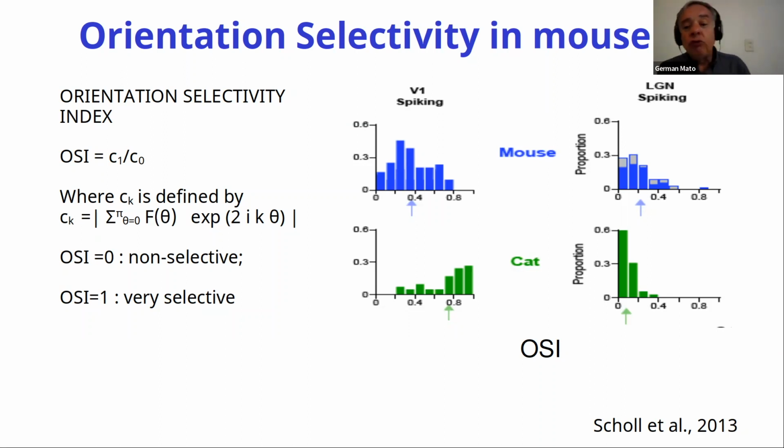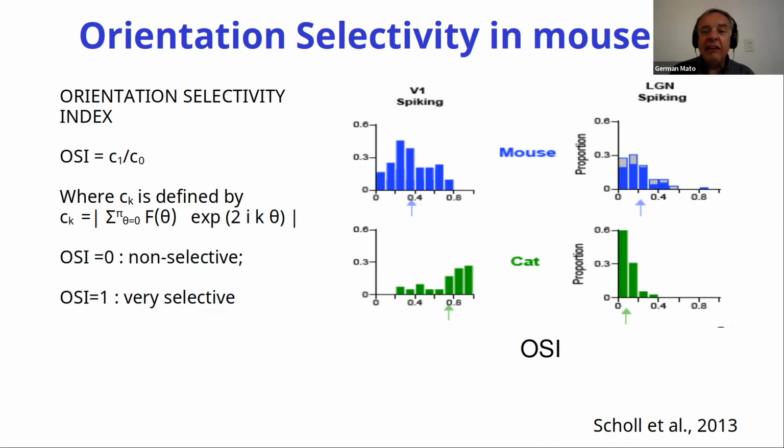If I have a neuron that is non-selective, I will have an OSI equal to 0, and on the other hand, I will have OSI equal to 1 if the neuron is totally selective, meaning that it will be active only for one specific value of the stimulus.